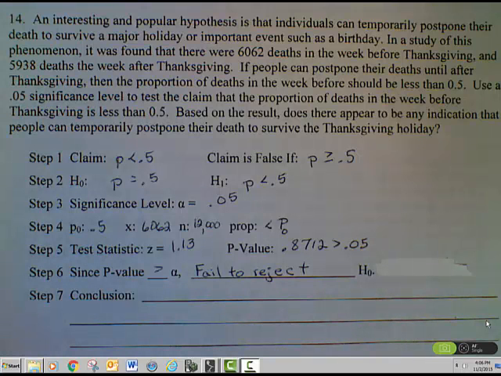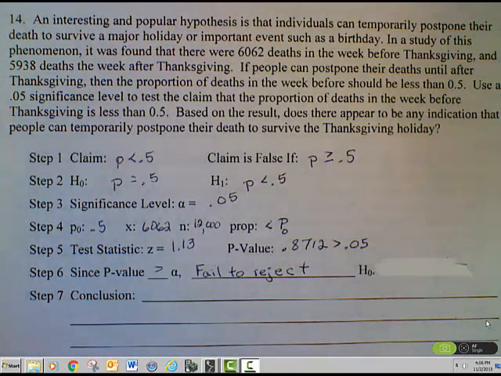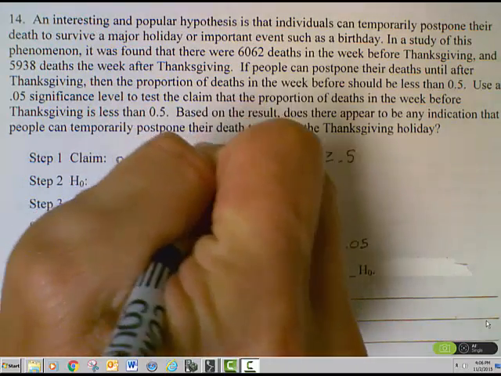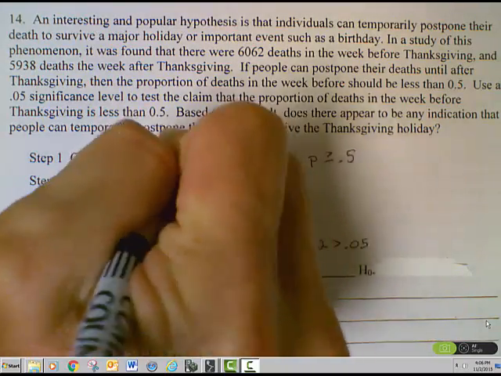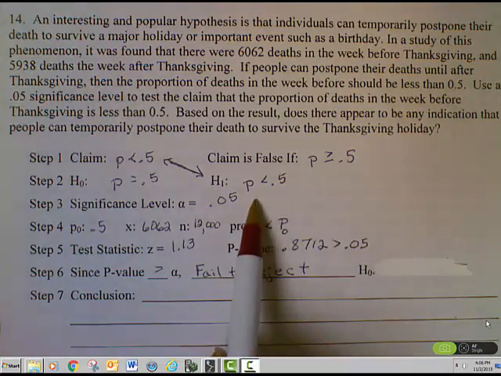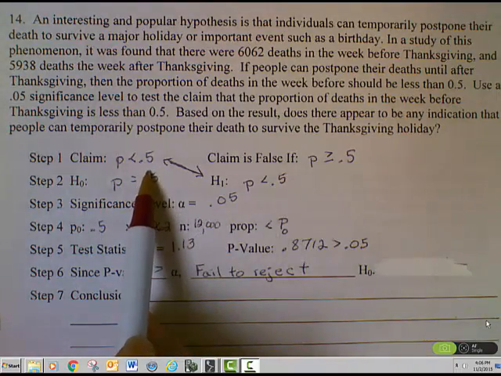We know that failed to reject the null hypothesis means that there's insufficient evidence, but I still am working on determining whether there's insufficient evidence to support the claim or insufficient evidence to reject the claim. And to answer that question, I need to ask myself whether the alternate hypothesis is the same as the claim.